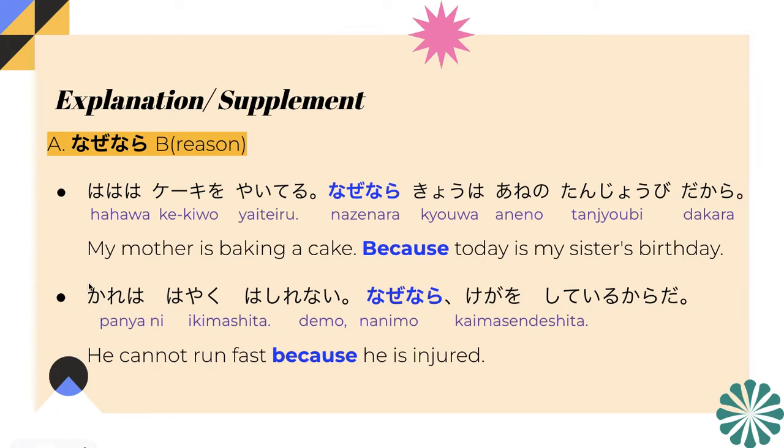But this first part is phrase A. It says that he can't run fast, and this is phrase B, because he is injured.